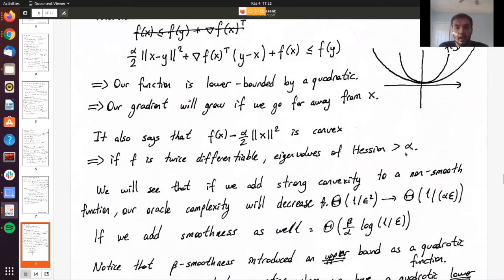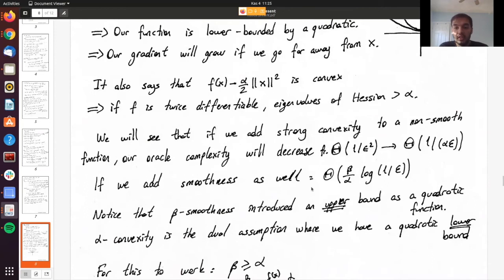So here, after doing the proofs, we will see that adding convexity, only adding convexity without smoothness, will decrease our oracle complexity from 1 over epsilon squared to 1 over alpha epsilon. And if we add smoothness as well, it will be beta over alpha times log 1 over epsilon.